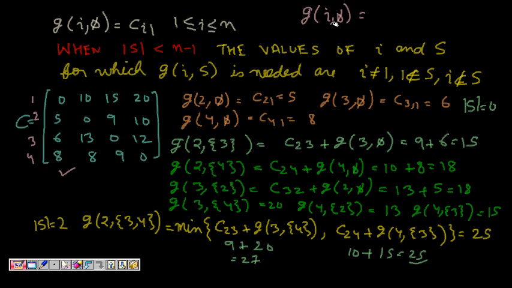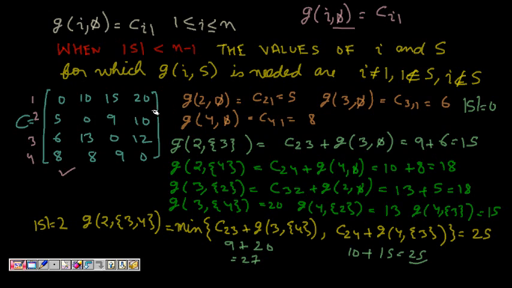I start from node i and end at node 1 with no other vertices in the set. So it means I start from node i and terminate at node 1 without any other node. So this is directly an edge, so it will become equal to C(i,1). Okay, so we can calculate G(2, phi).